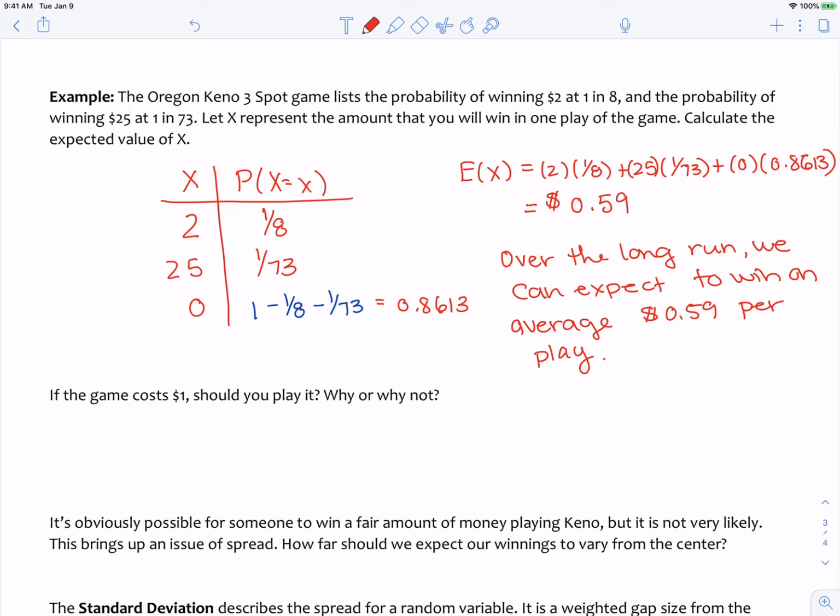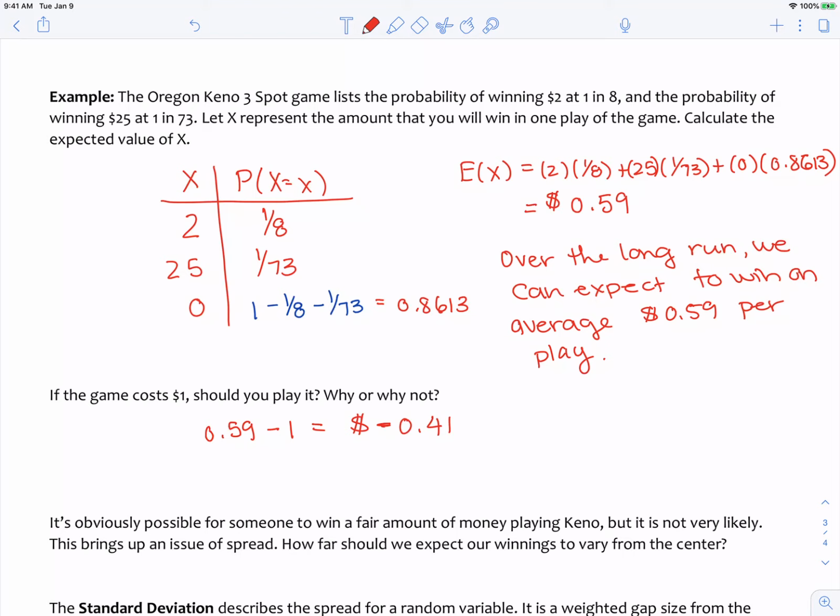So if it costs $1 though to play, should we be playing this game? Well, then we're running into a little bit of trouble. So we need to take our winnings that we're getting, so that 59 cents, and subtract the cost to play. And then that means that when we look at the net cost or our net winnings, we're going to be coming out negative 0.41 or 41 cents.